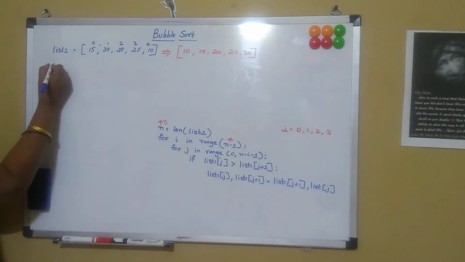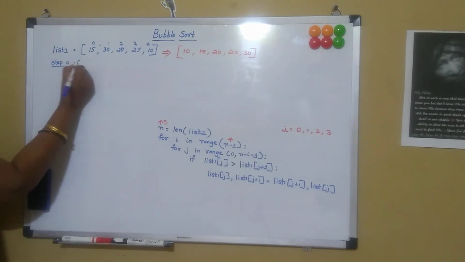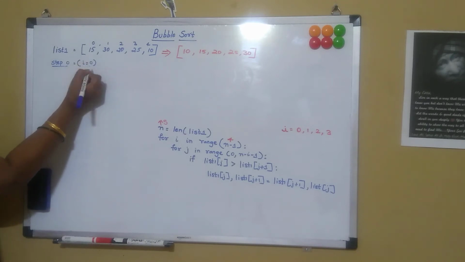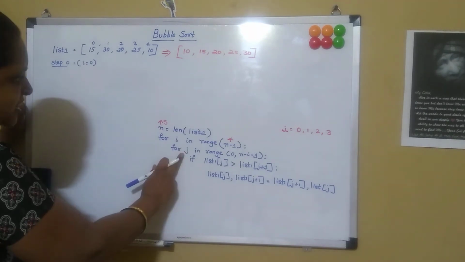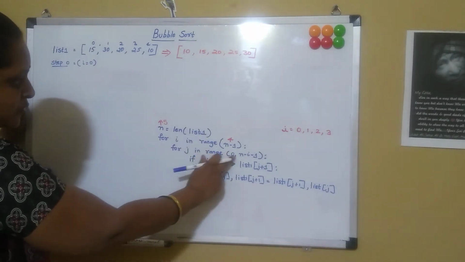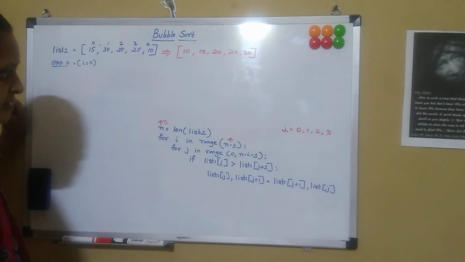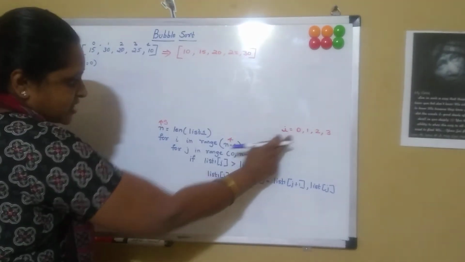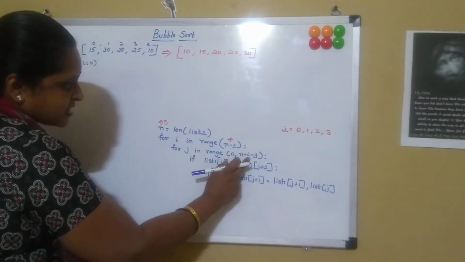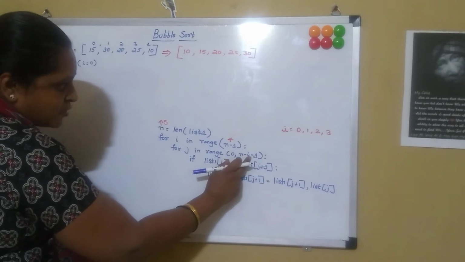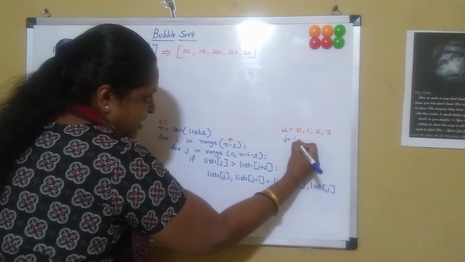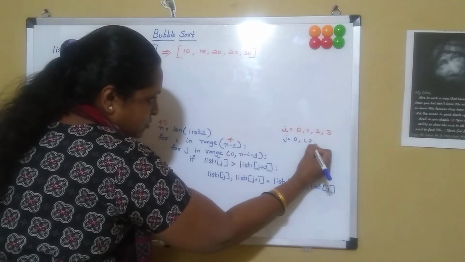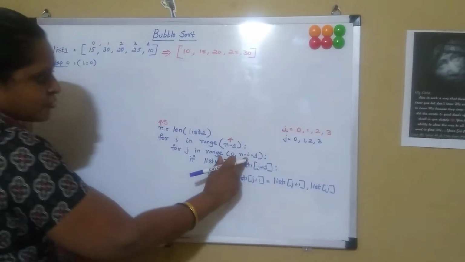So for step 0, that is when i equals 0, what happens over here? Our j value ranges from 0 to n minus i minus 1. i is 0 initially, so it is 5 minus 0 minus 1. So j will range from 0, 1, 2, 3. It won't consider the fourth element.